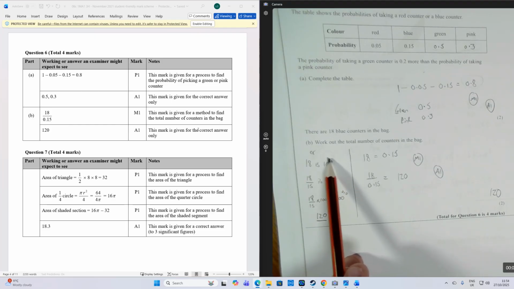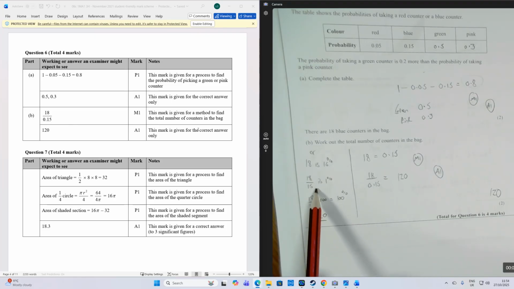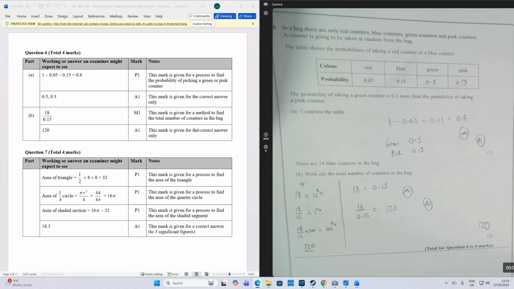So we just need to change this now into what 100% is. So we divide both sides by 15. So 18 over 15 is 1%, times by 100. So 18 over 15 times 100 tells us what 100% of the counters is. And that is 120. So there are 120 counters in that bag.